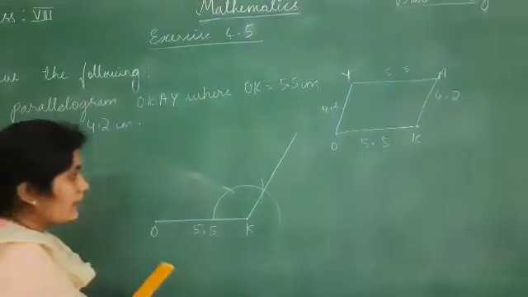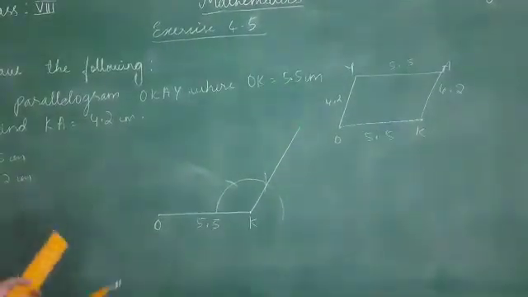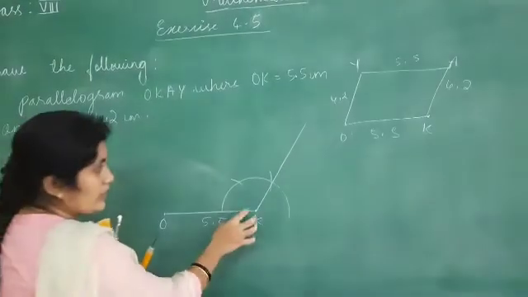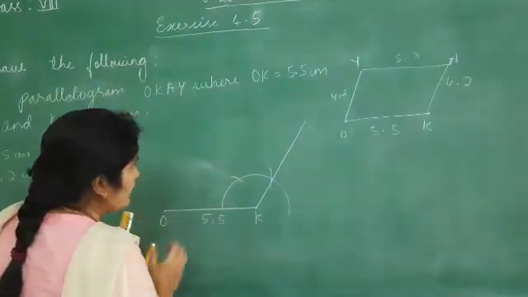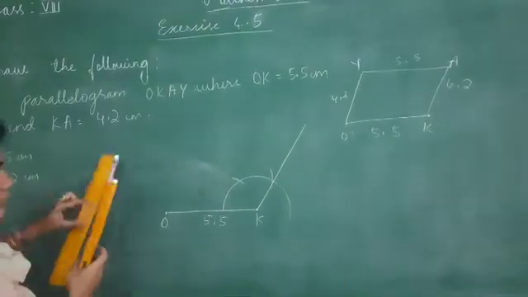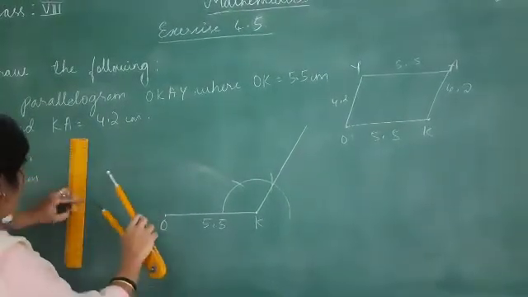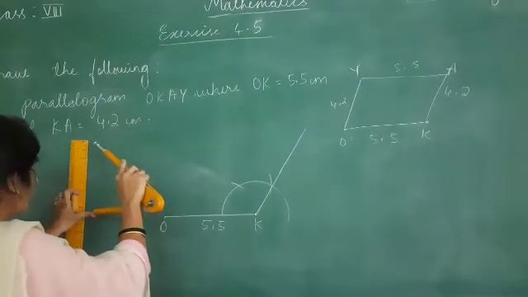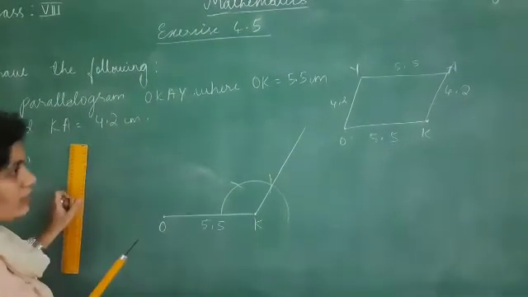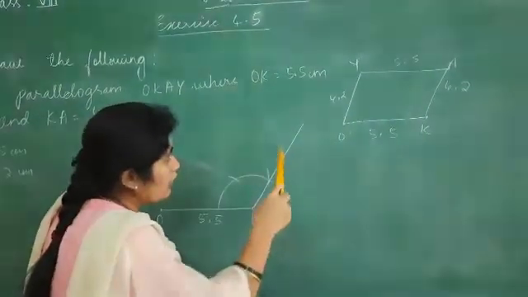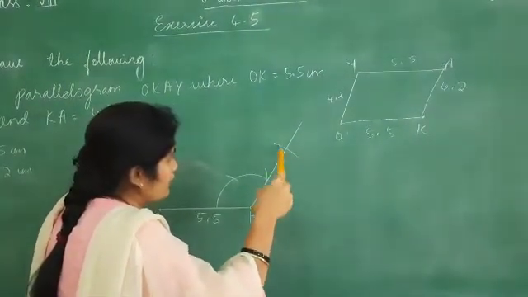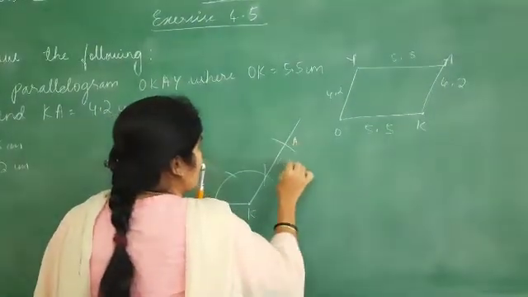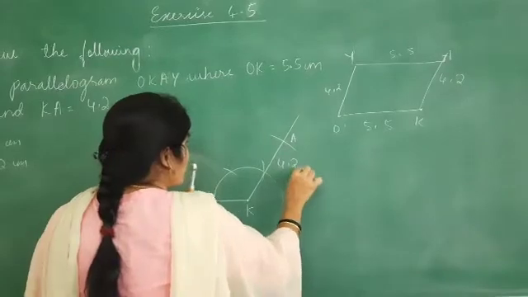This is your KA. You can go for 4.2. Here the angle is not given, but I am keeping here 120 degrees. So you can go for 4.2, and now keeping K as center, draw 4.2 centimeter. This is your A. This is 4.2 centimeter KA.